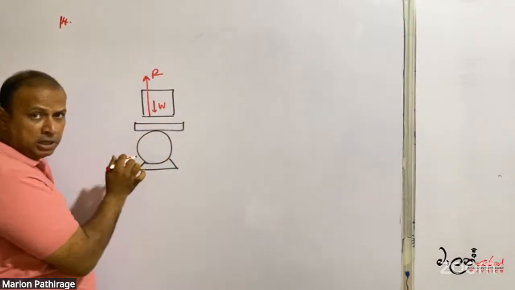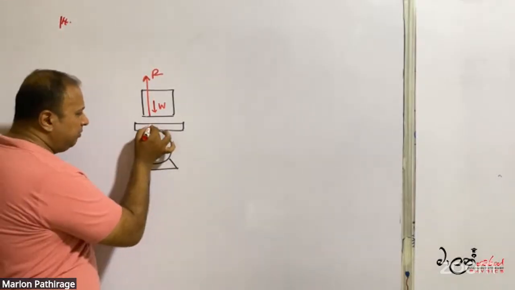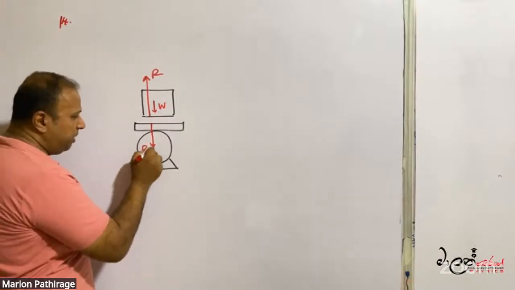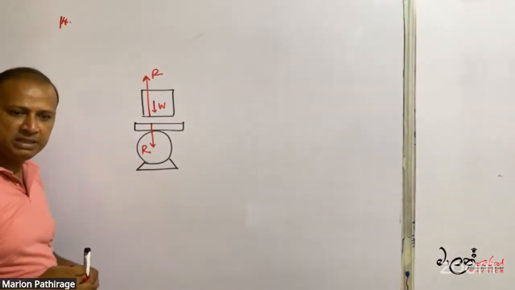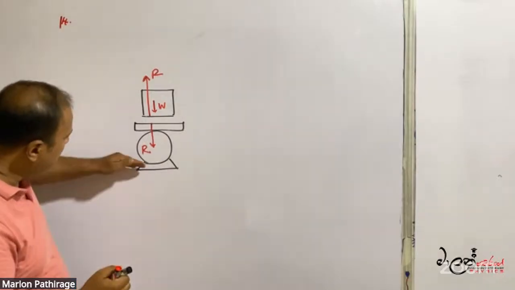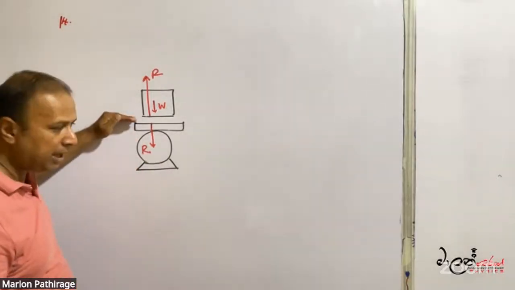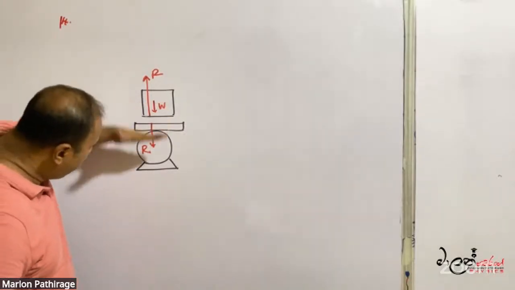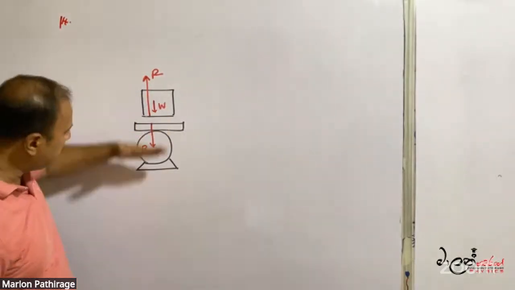According to Newton's third law, there will be an equal and opposite force on this plate. So due to this push, the balance will be pushed in the downward direction.